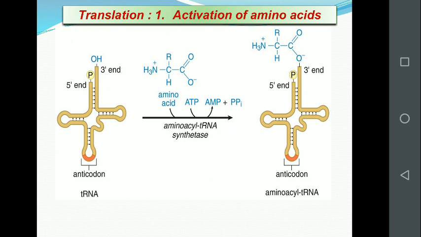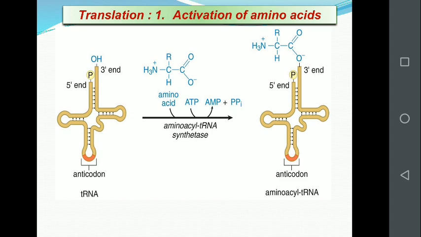They must be ready for the translation process. Directly, that amino acid never goes into the polypeptide chain, and it should be carried by the specific tRNA molecule, and that specific tRNA molecule requires aminoacyl tRNA synthetase activity for the esterification of a specific amino acid. Okay, so then only it is possible.